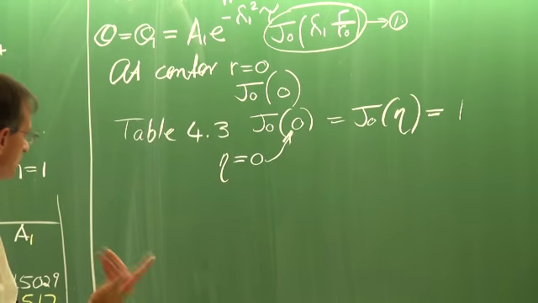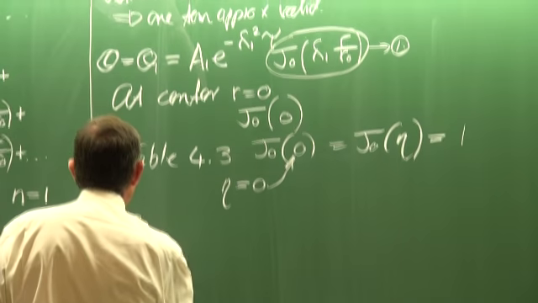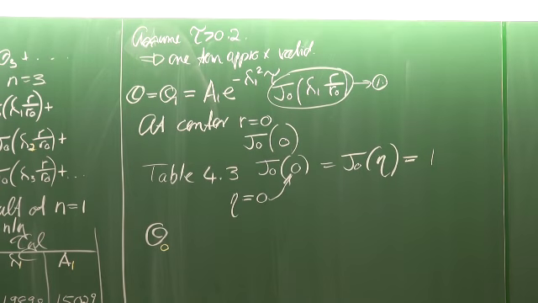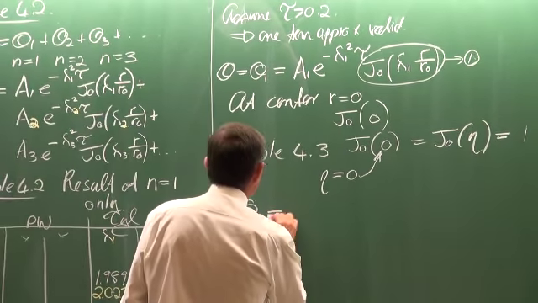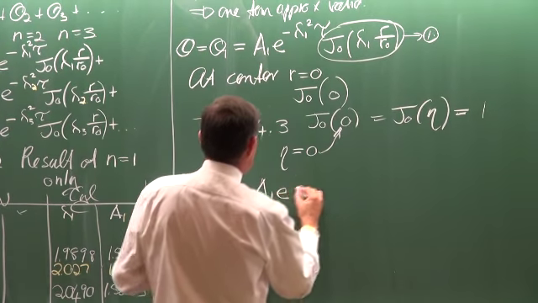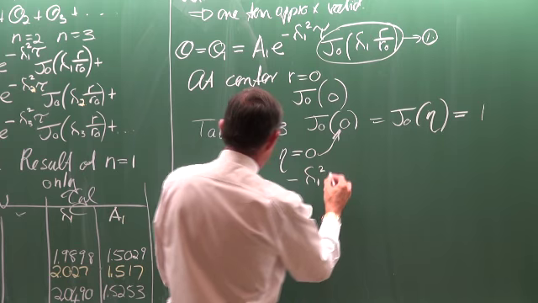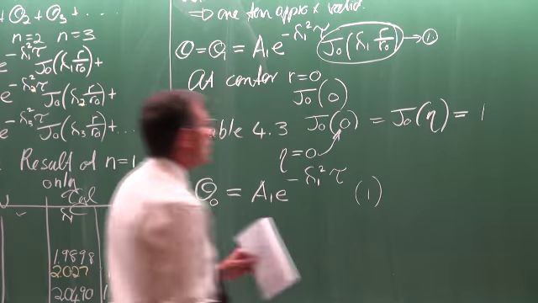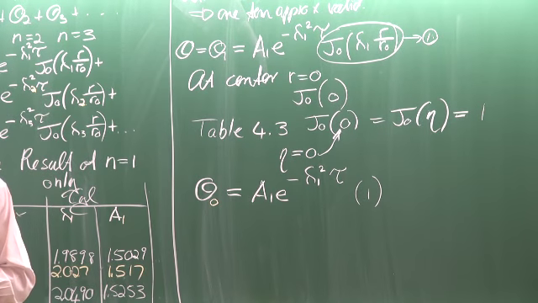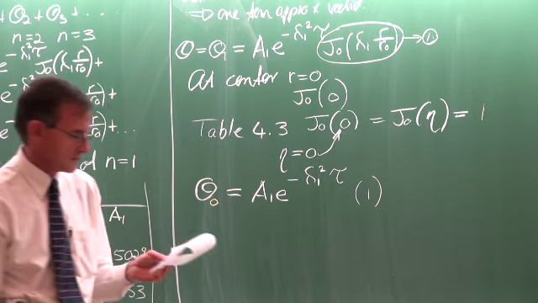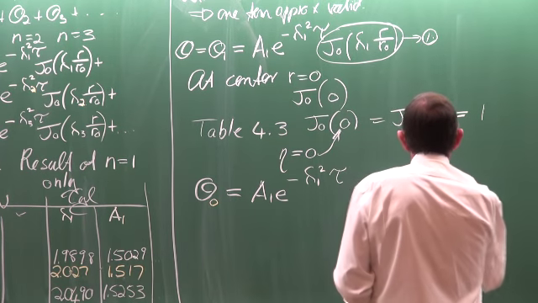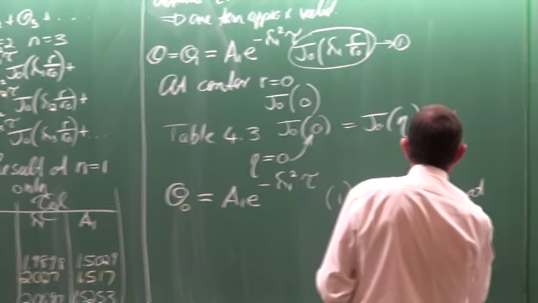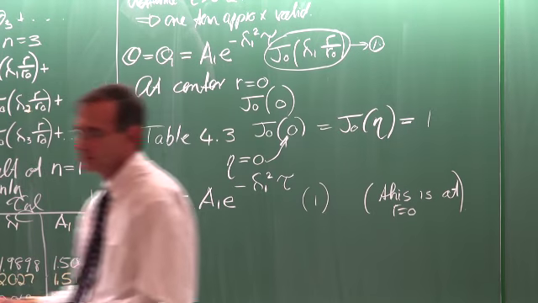So this equation, for the special case of theta at 0, the temperature at 0 is equal to A1 e to the minus lambda 1 squared multiplied by tau, multiplied by 1, if you want to put in the J0 value. This is at R equals 0, at the center.